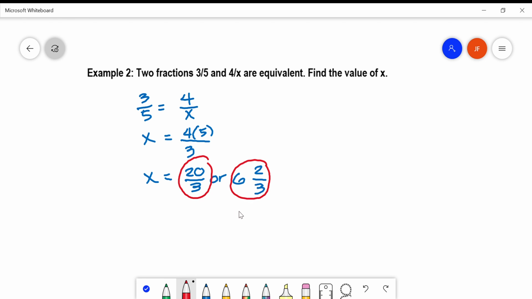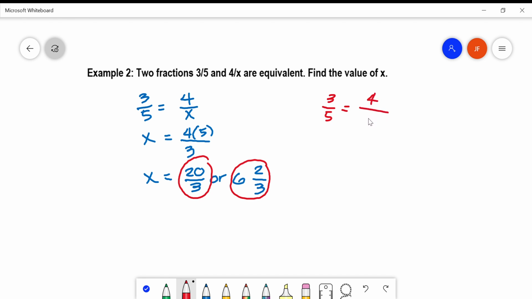Okay, to show that this is correct, we are going to substitute the value of x in the original equation. So 3/5 is equal to 4 over x.